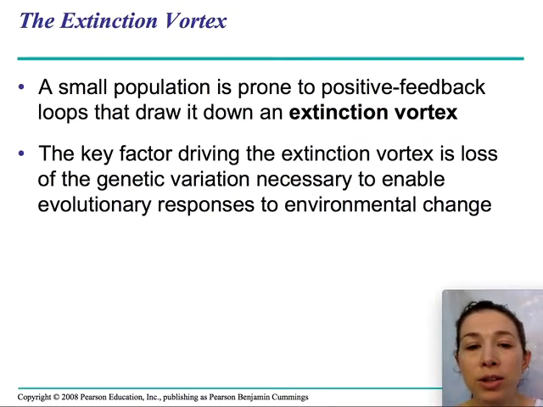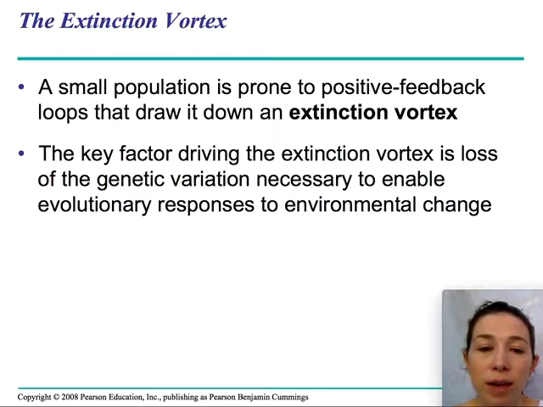So the lack of that genetic variation is going to prevent the species from being able to recover. That genetic variation is necessary to enable the evolutionary responses for the individuals to adapt to a new environment.